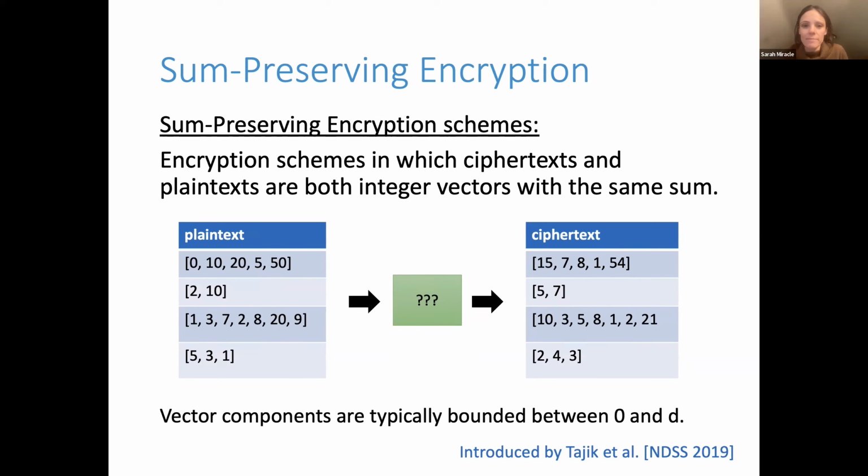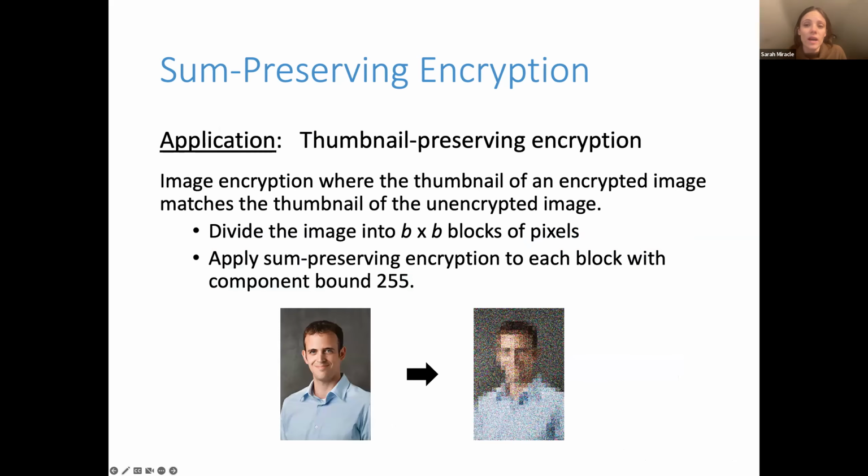In 2019, and they looked at a particular application of sum preserving encryption, specifically thumbnail preserving encryption. So the idea is you want to create an encryption scheme where the thumbnail of the original image and the encrypted image are the same. We create the thumbnail by dividing an image into B by B blocks of pixels, and then we replace each block by the mean pixel value, the average of all the pixel values within the block, to create a smaller image.